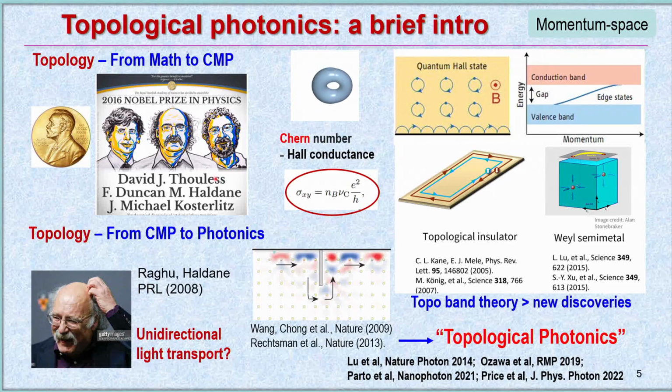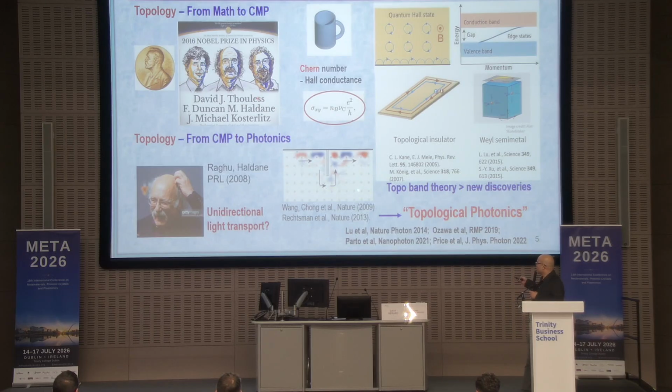They first asked, can we use topology or quantum Hall effect to create unidirectional propagation of light? And this soon led to the pioneer experiment from Marin Soljačić's group, including Yidong Chong and others, and Alexander Szameit's group. The pioneer experiment opened the field of topological photonics.